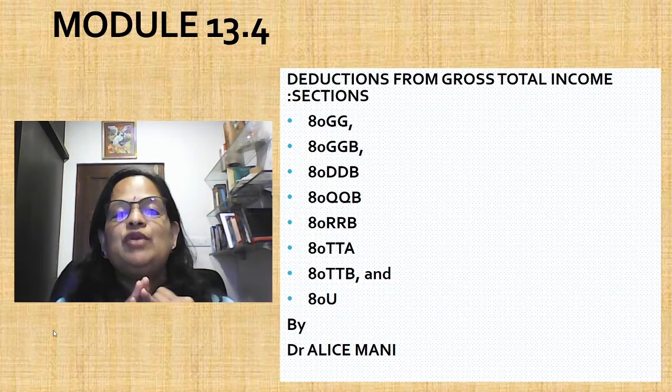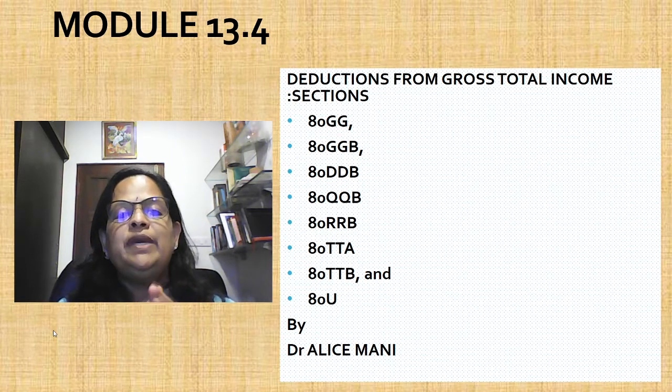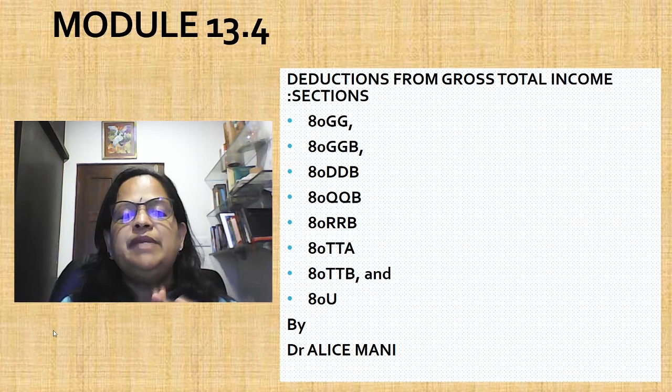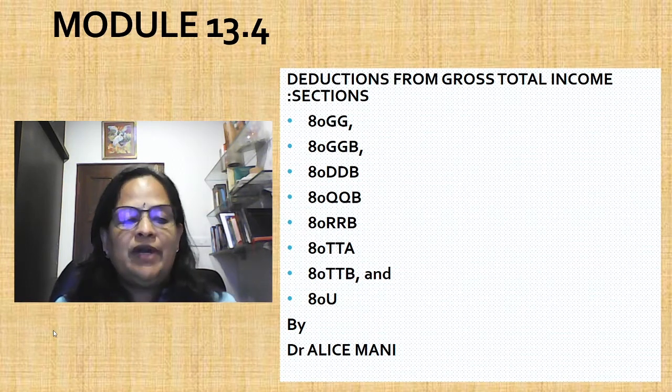For statistics, there is a lot of request. So this is what I'm going to do. You be with me and learn with me, and give me your valuable suggestions and feedback. The deductions I'm going to cover: 80GG, 80GGB, 80DDB, 80QQB, 80RRB, 80TTA, 80TTB and 80U. So 8 sections I'm going to cover in this module. We will see the modules one by one.